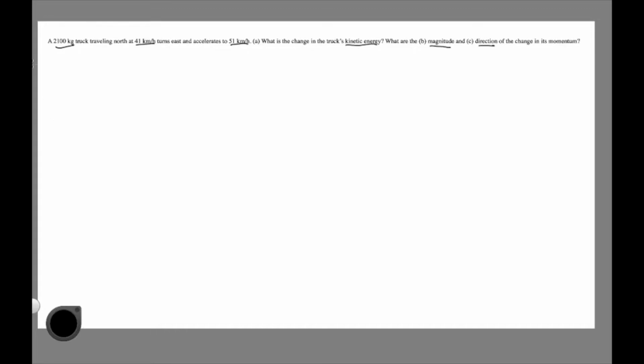So the problem gives us the mass of the truck, which is 2100 kilograms. It gives us the initial velocity, which is going to be 41 kilometers per hour north. So let's write that down.